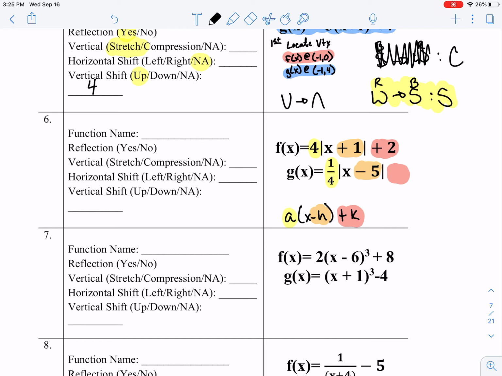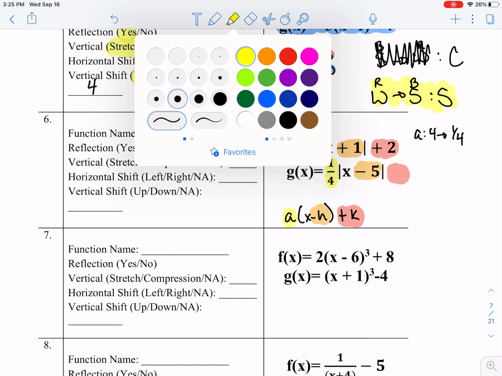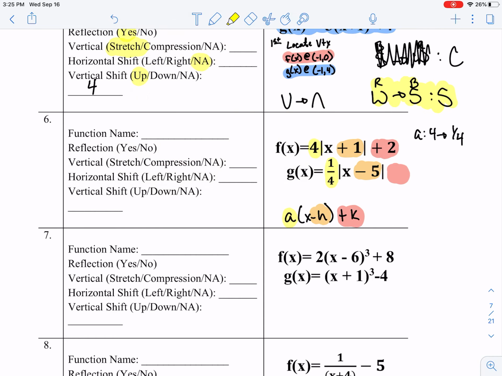Again, a went from 4 to 1/4. Well, therefore it got smaller. So there was a compression. Now, by how much? We're going to multiply only for stretches and compressions. So 4x equals 1/4.